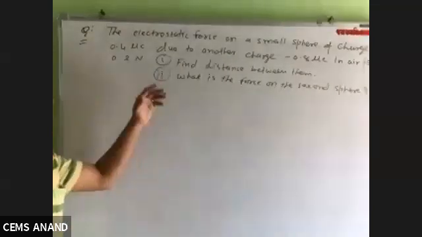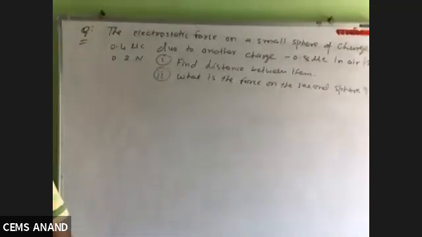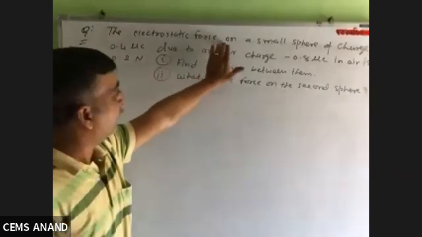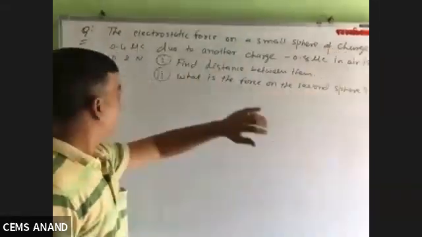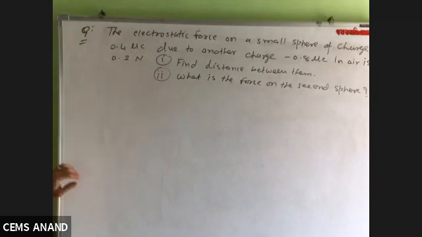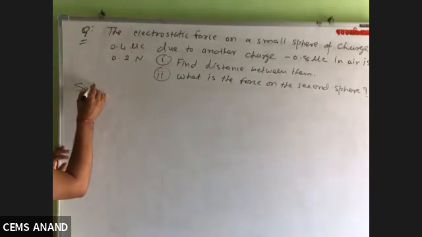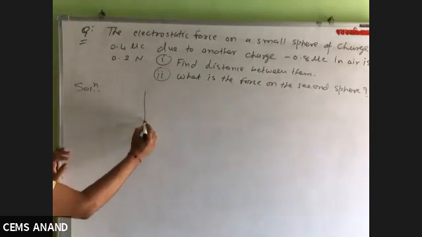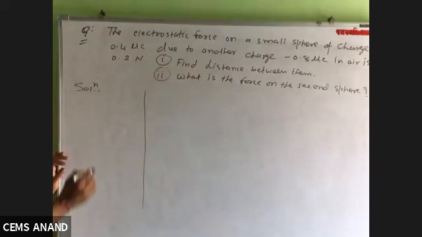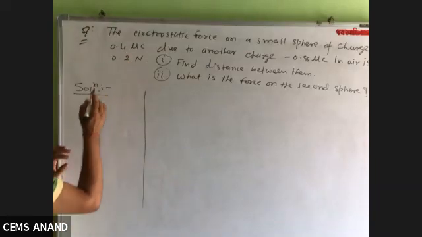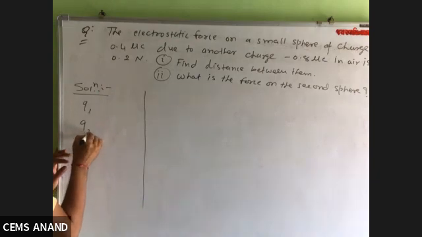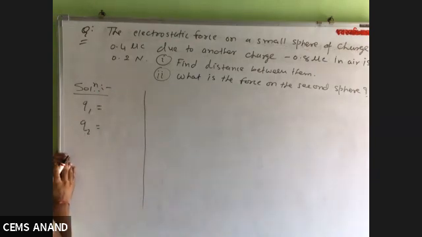So our question is the electrostatic force on a small sphere of charge 0.4 microcoulomb. Let's start our given. Both the charges are different, so let's write Q1 and Q2.